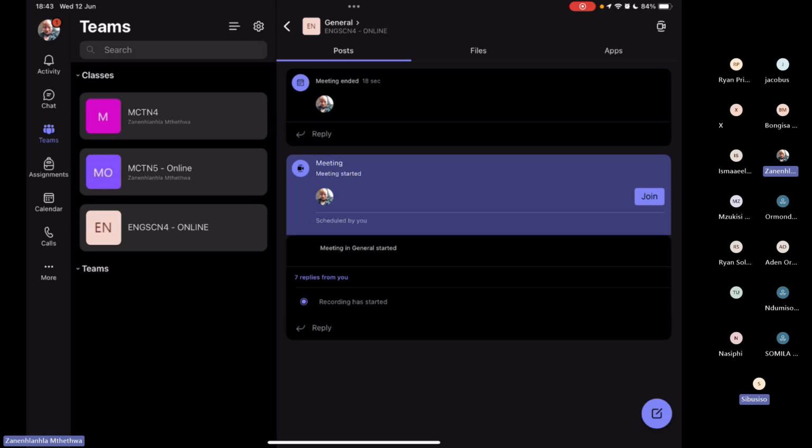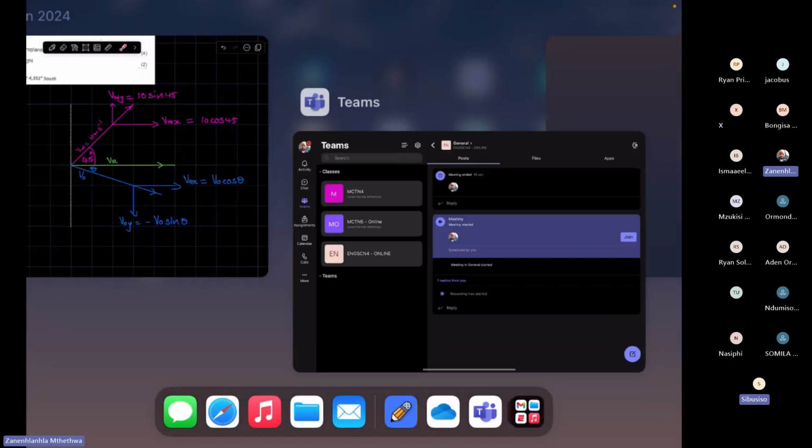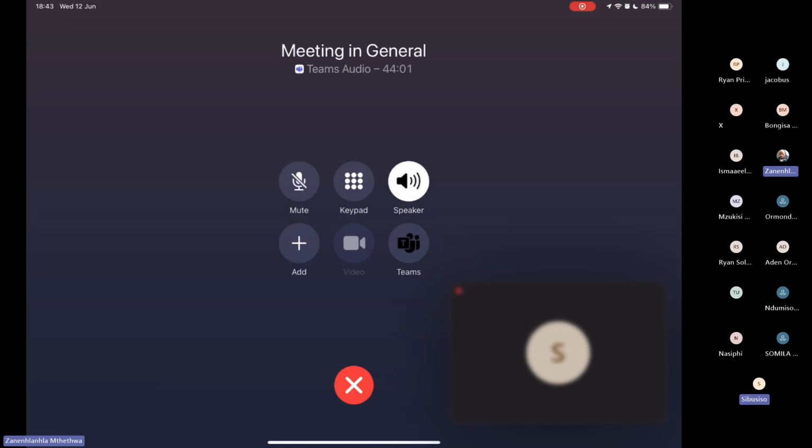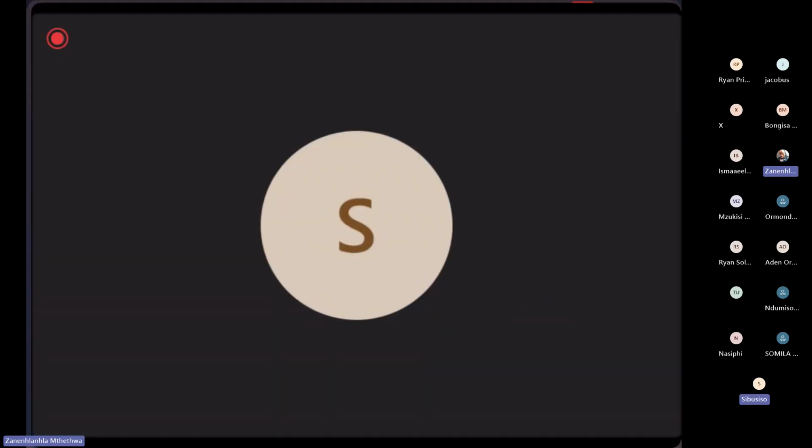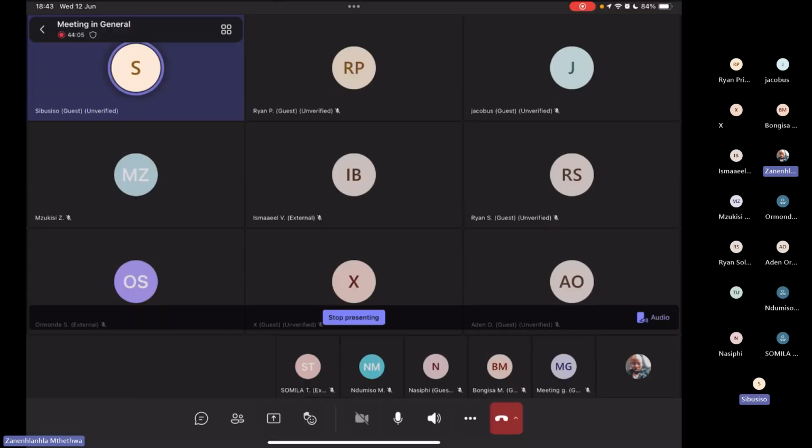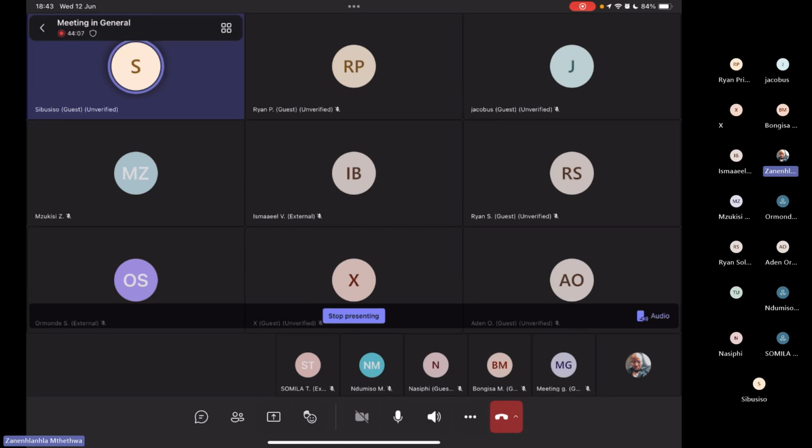Sorry, sir. On the first study pack that you've sent, the question paper for April 2020, question 3.1. I got stuck there because my understanding has always been that velocity is equal to displacement over time.